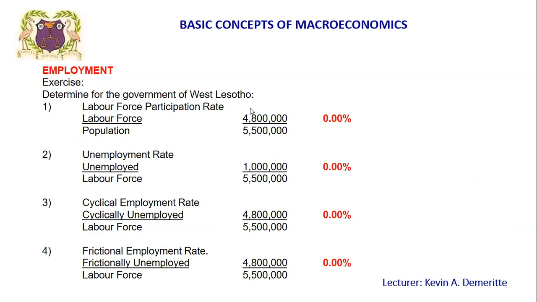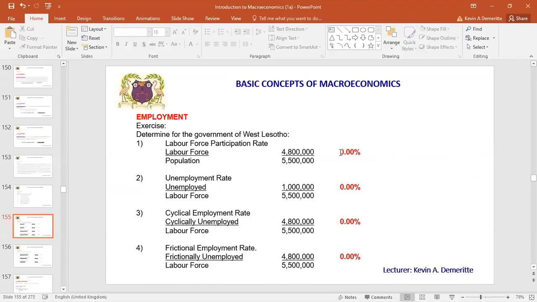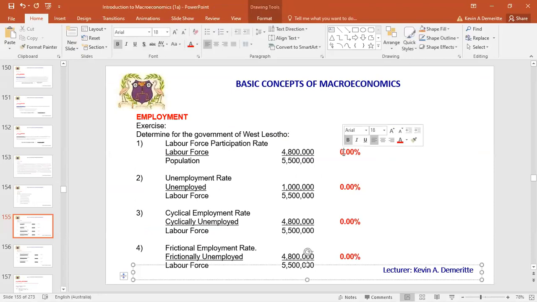So what does that give us as a labor force participation rate? Somebody calculate it, please. 87.27%. Is that correct? Okay, let's check. What did your calculator actually say? It said 0.872.